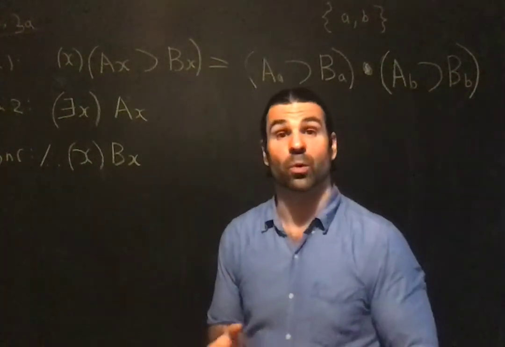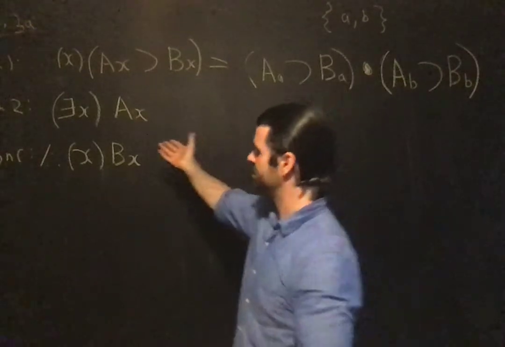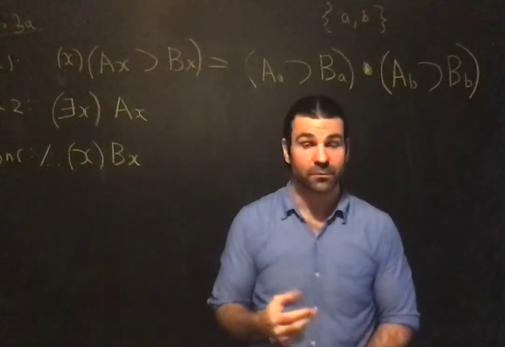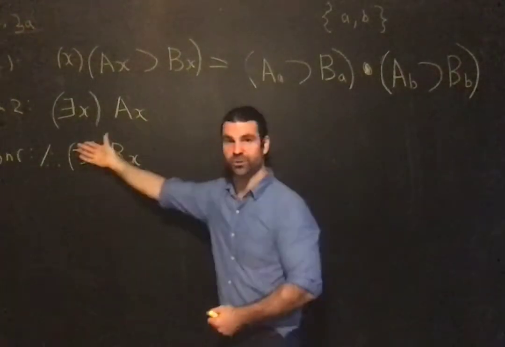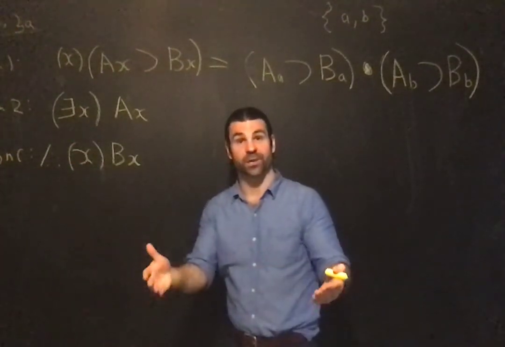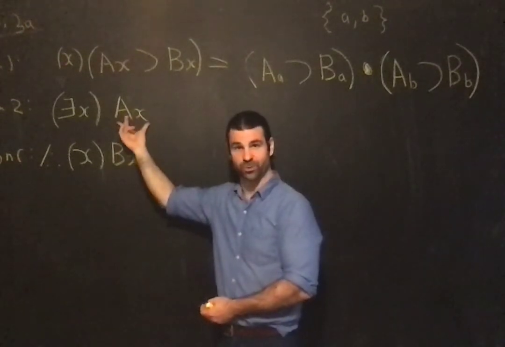Okay, what does it mean to say that there is something that is A, right? There's something that is Australian. Well, it's to say that the truth conditions of the existential statement are that in the domain there is at least one for which this propositional function is true, right?